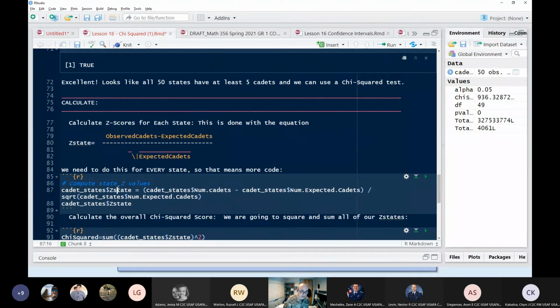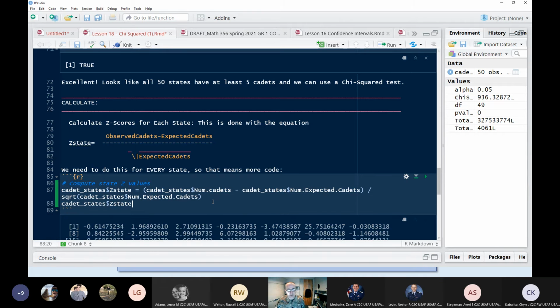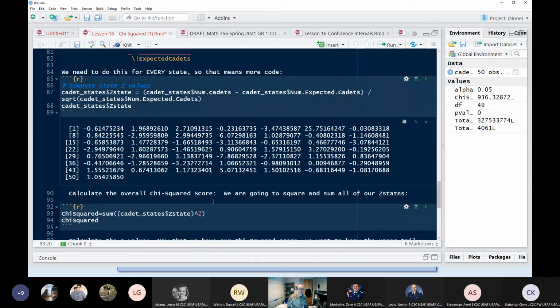I add a new variable saying it's the z-score for that state, which is equal to the number of cadets, minus the number of expected cadets, and that whole thing divided by the square root of the number of expected cadets. Since I'm creating a new variable, it does it for every row, which is every state. If I go to this last line and spit out all those z-scores, sure enough, there are my 50 z-scores, one for each state.